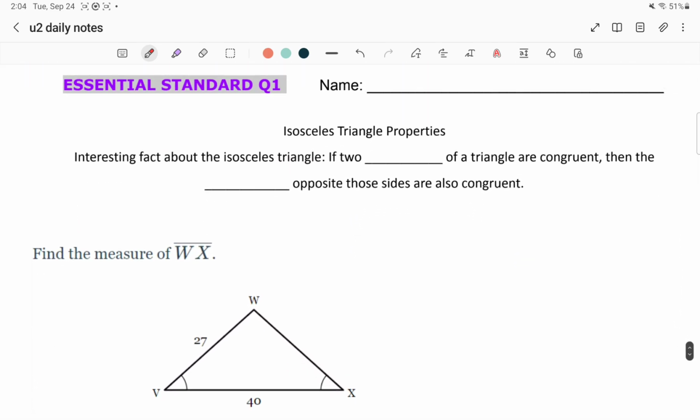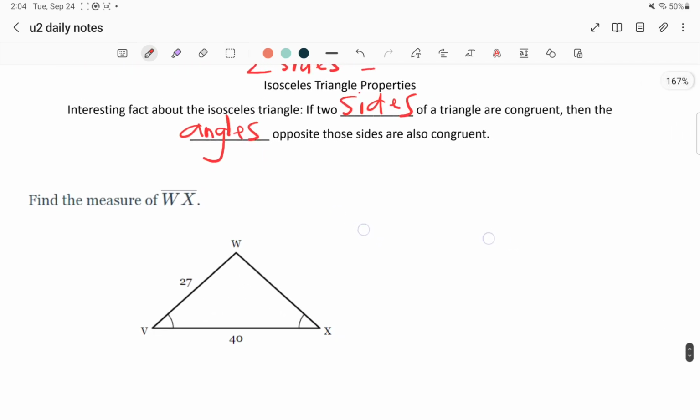The isosceles triangle property. So that was the triangle sum property that was adding everything up to 180. Now it's specifically about isosceles triangles. Remember, isosceles was when two sides were equal. Okay, if two sides of the triangle are congruent, then the angles opposite those sides are also congruent.